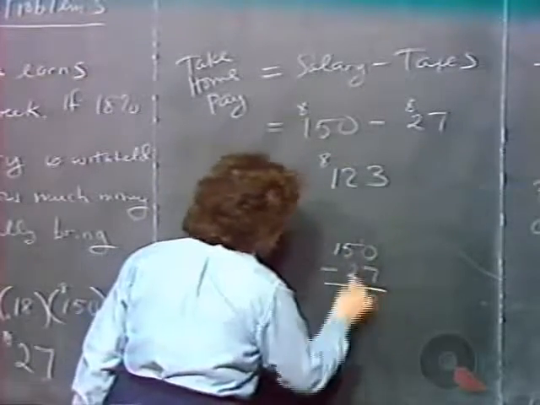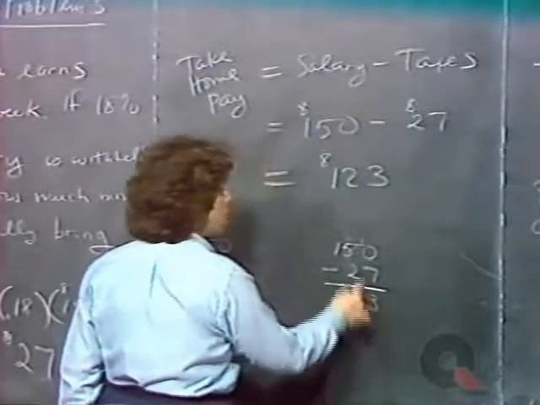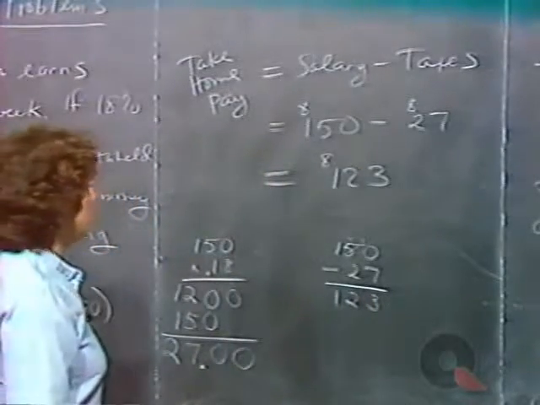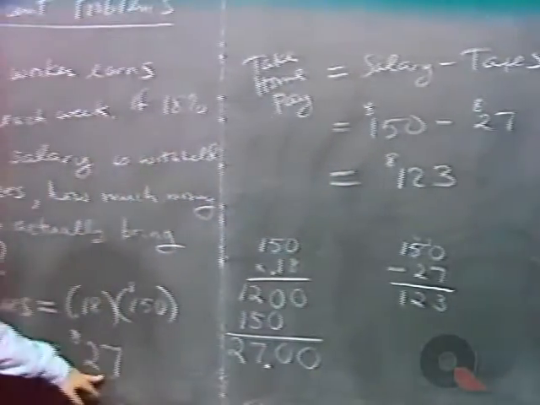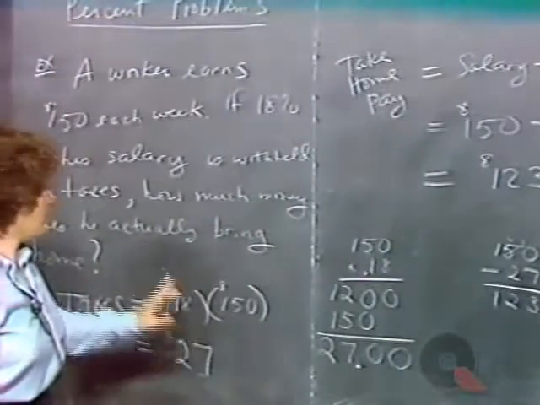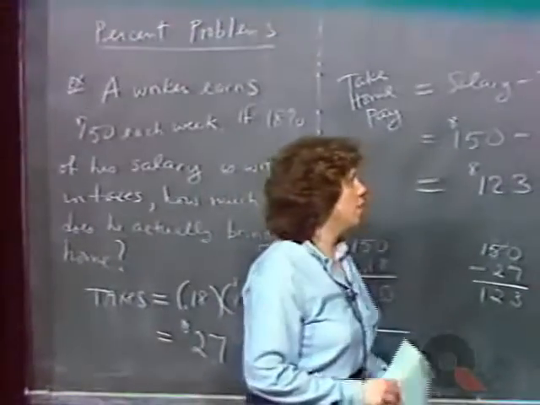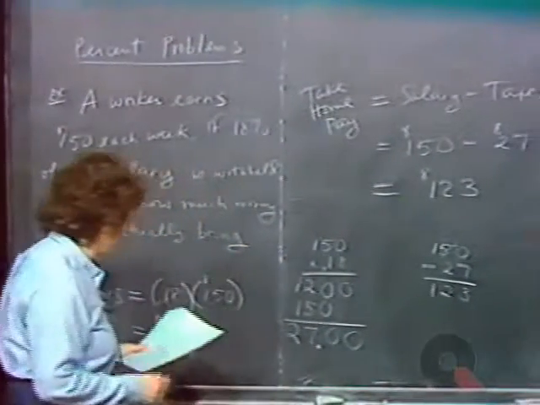Okay, 10 take away 7, 3, 4 take away 2, 1. $123 is what he'll take home. So don't fall into a trap by checking an answer of $27. That's his taxes. He takes home his salary, take away his taxes. $123.